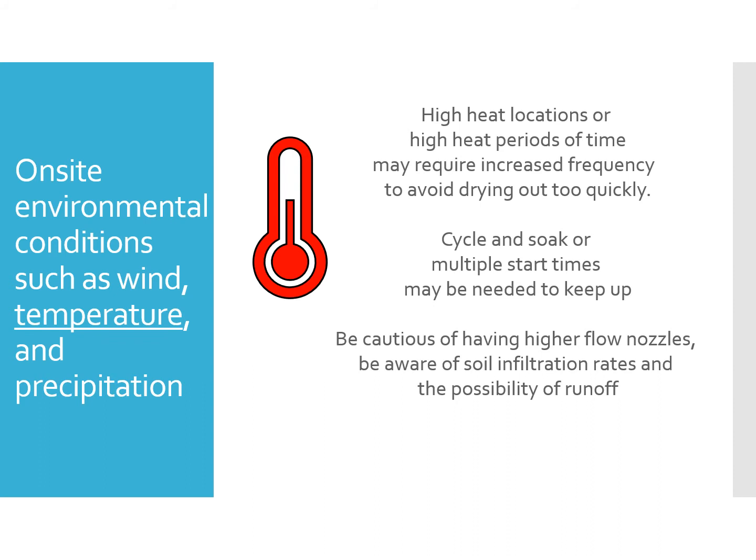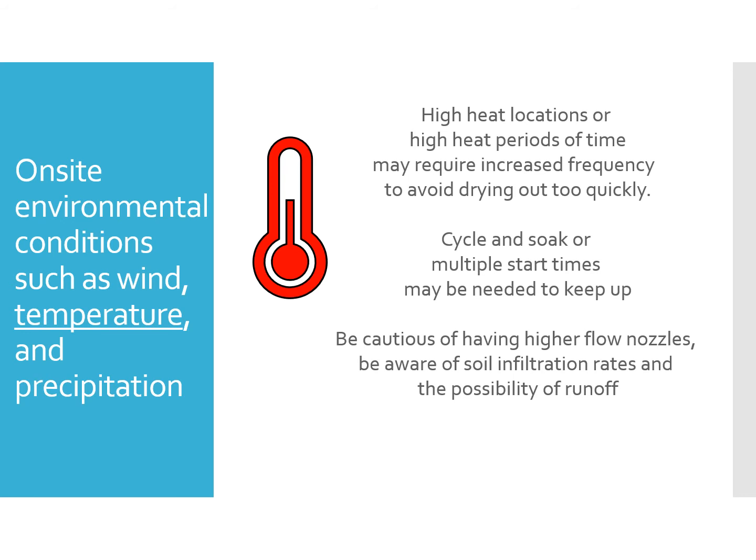So if your zone requires, let's say, 12 minutes a day, you could break that up into 3, 4, or 6 times a day in equal run times, irrigating for 3, 4, or 6 minutes to accomplish that. Another option would be multiple start times. If you had 2 start times, you would run it for 6 minutes each start time to keep up.